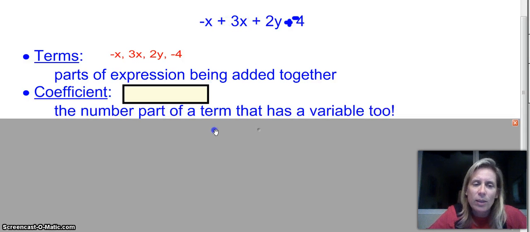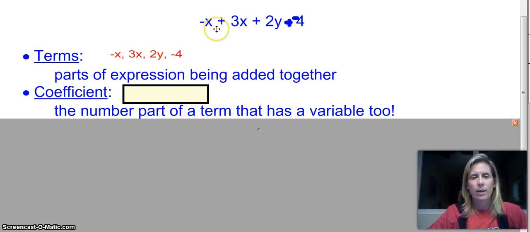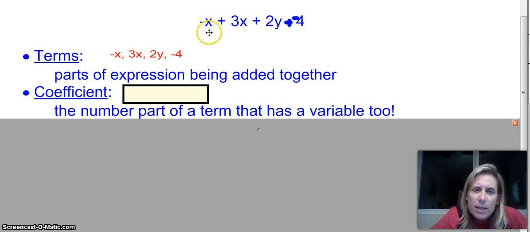Okay, so the definition really is the number part of a term that has a variable part, like the 3 in 3x. Okay, so if we try to identify all of the coefficients in this expression here, what number is there in front of this x variable here?